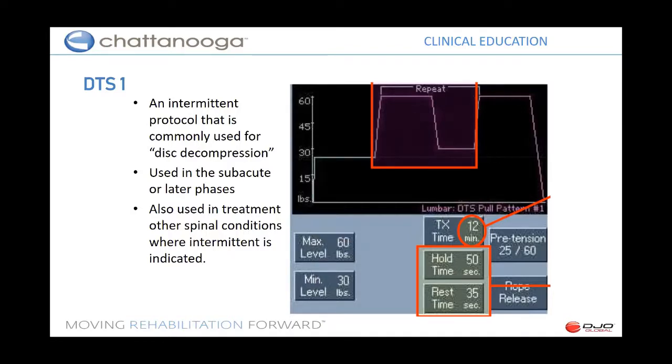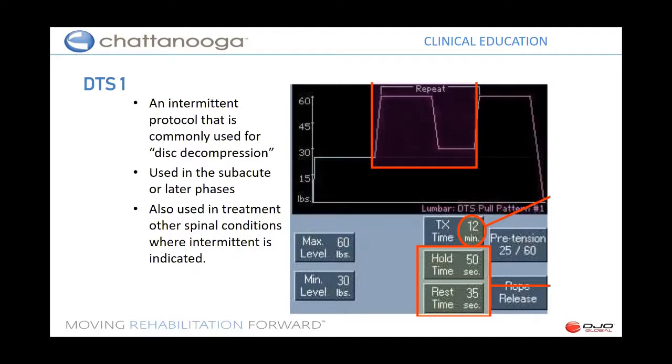Let me put a note about that too, and maybe you guys can let us know what you want to hear more about. The minimum level should be 70% of the upper level, and there are reasons for that. Same thing, you should have at least 20-second progression and regression phases when you're doing this, and it's neurological. Those are the reasons behind it. But there's not a lot of parameters to put in.